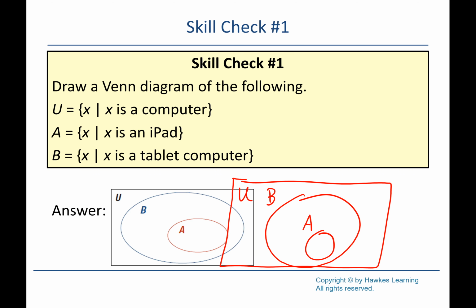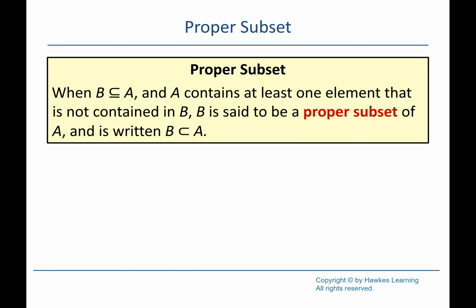And that name that we give sets is called a proper subset. So if we don't want to include the possibility that the two sets are the same, we're going to leave that possibility out. That we get what we call a proper subset. So another way of saying that is that there's at least one element in set A that's not in set B. That's another way of saying they're not equal.